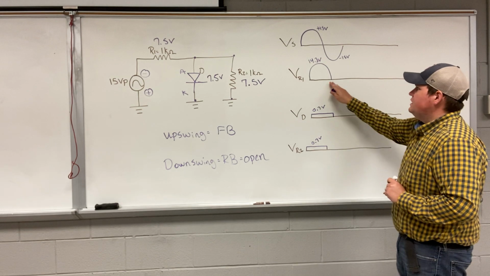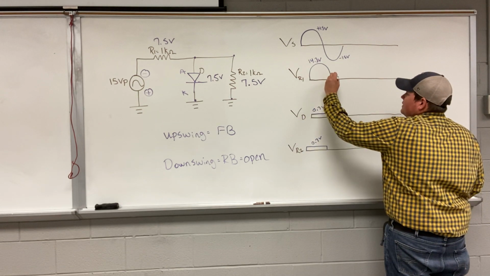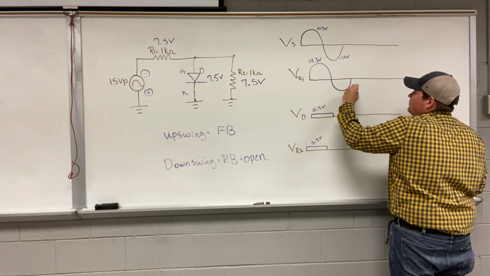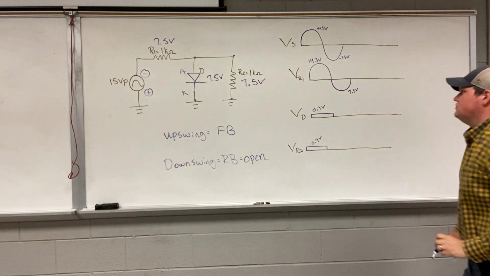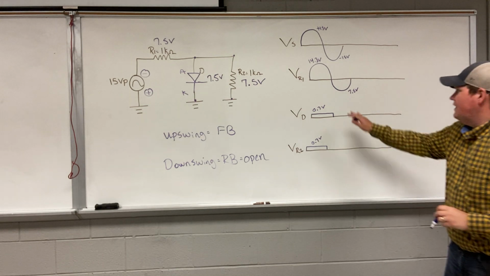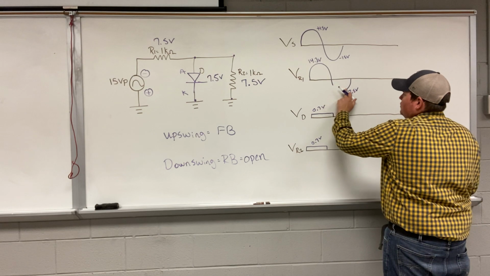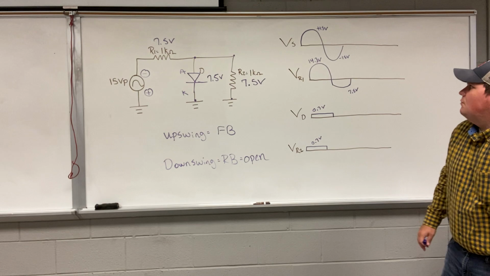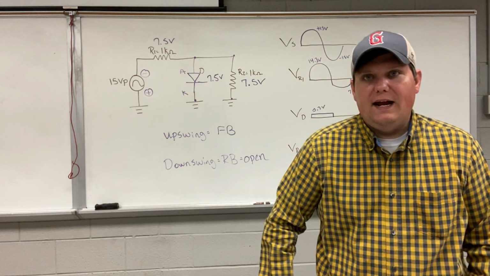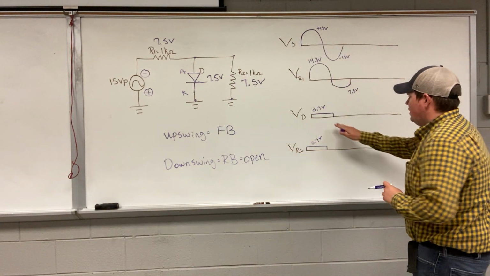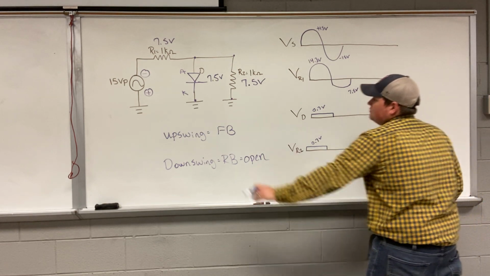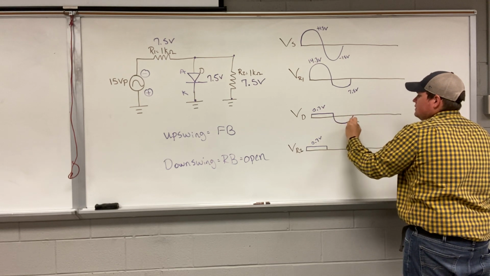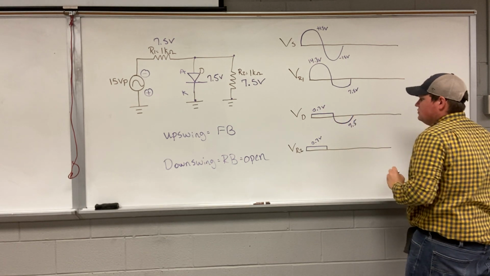So, on the downswing, I'm going to come down, and I'm going to have 7.5 volts, negative. Now that would probably be a little bit smaller of a waveform if you want to get technical. About half of that, okay? So now, on the downswing of the diode, what do we have? 7.5 volts.